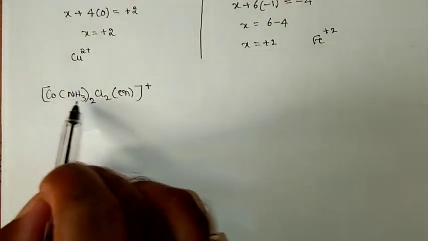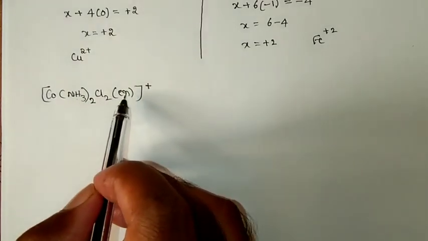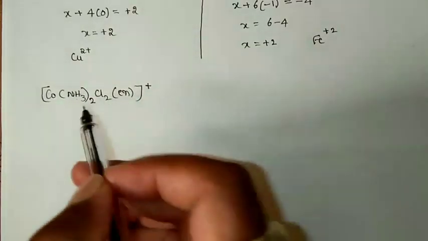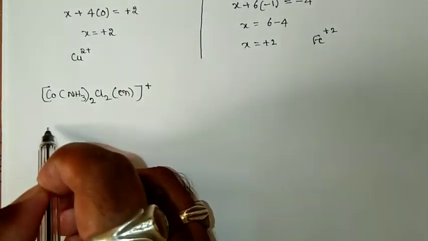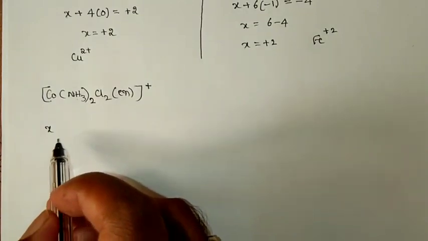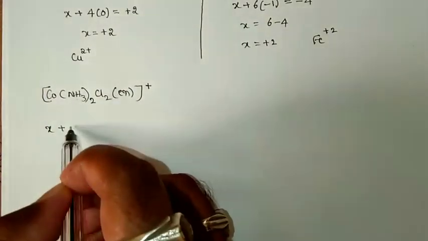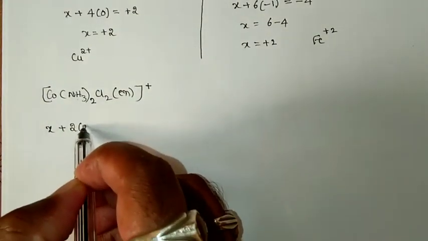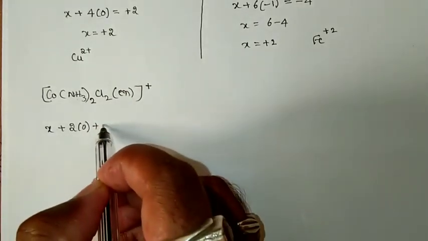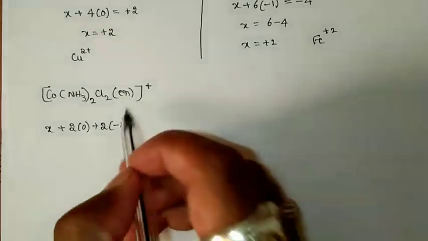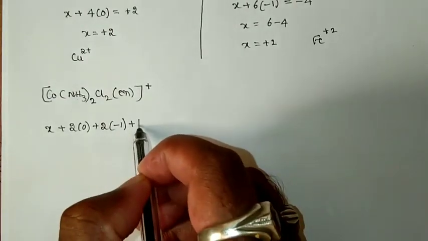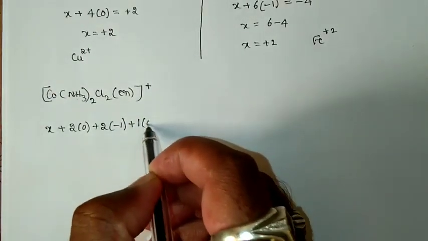Now we have 3 different types of ligands, so we can proceed with the same procedure. The oxidation state of cobalt is supposed to be determined. So X, plus there are 2 amine ligands and they are neutral. There are 2 chloro ligands and each chloro ligand will have -1 charge, plus there is 1 ethylenediamine ligand and it is neutral.